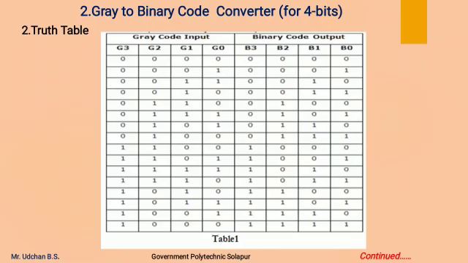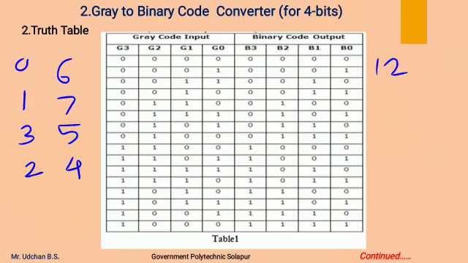For this, we have to know the gray code sequence for 4 bits, which starts, the sequence is 0, 1, 3, 2, 6, 7, 5, 4, 12, 13, 15, 14, 10, 11, 9 and 8.